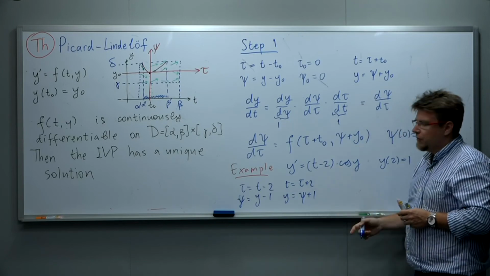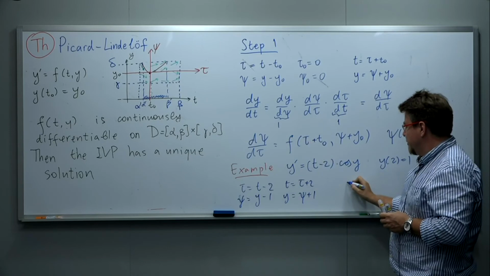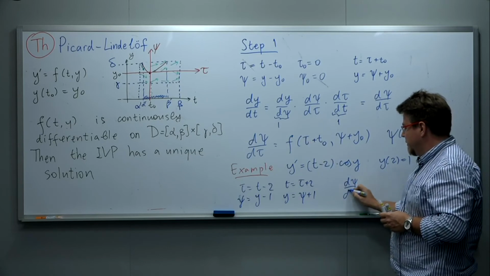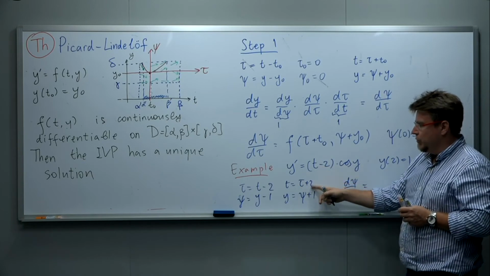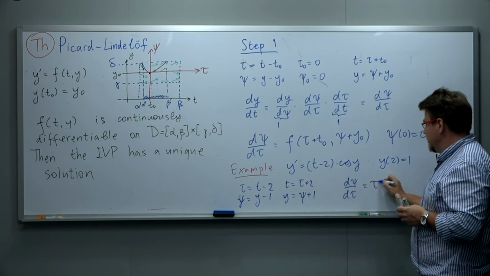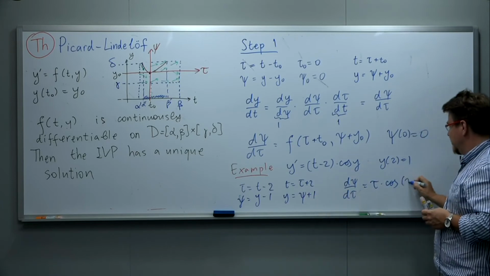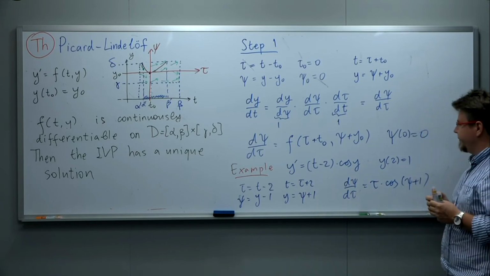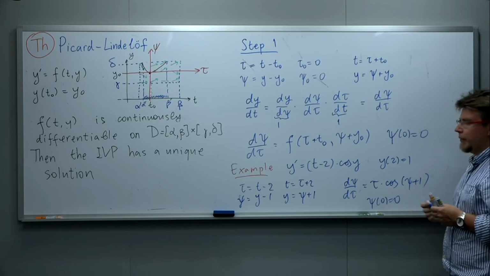Now we can transform our differential equation. So the left hand side, as I said, becomes just d psi d tau, and the right hand side is t is tau plus 2 minus 2 is just tau times cosine, and y is psi plus 1, psi plus 1, and psi of 0 is 0.